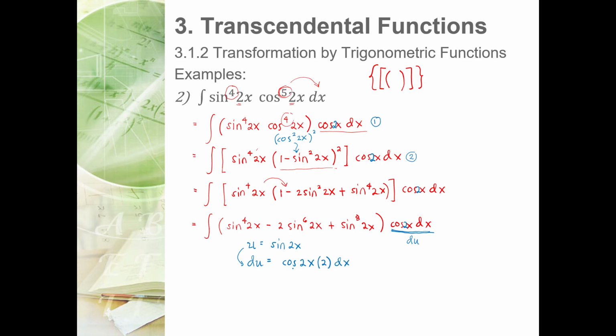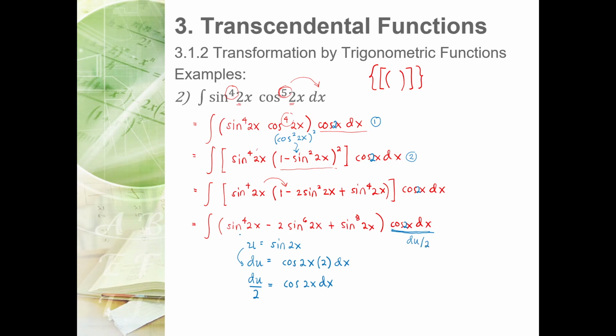For it to be completely the same as the factored term above, we need to divide everything by 2. So this becomes du over 2, and then cosine 2x dx.